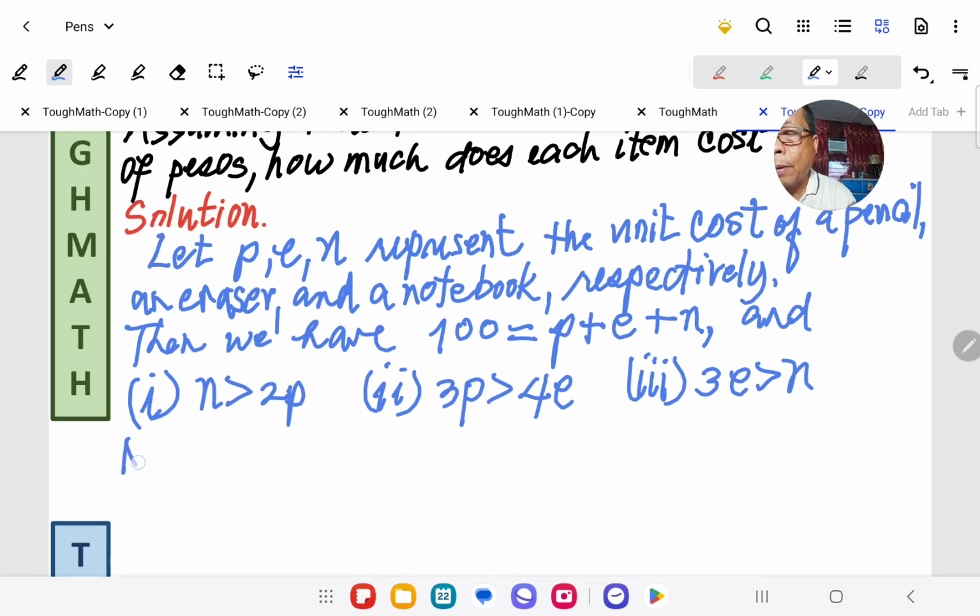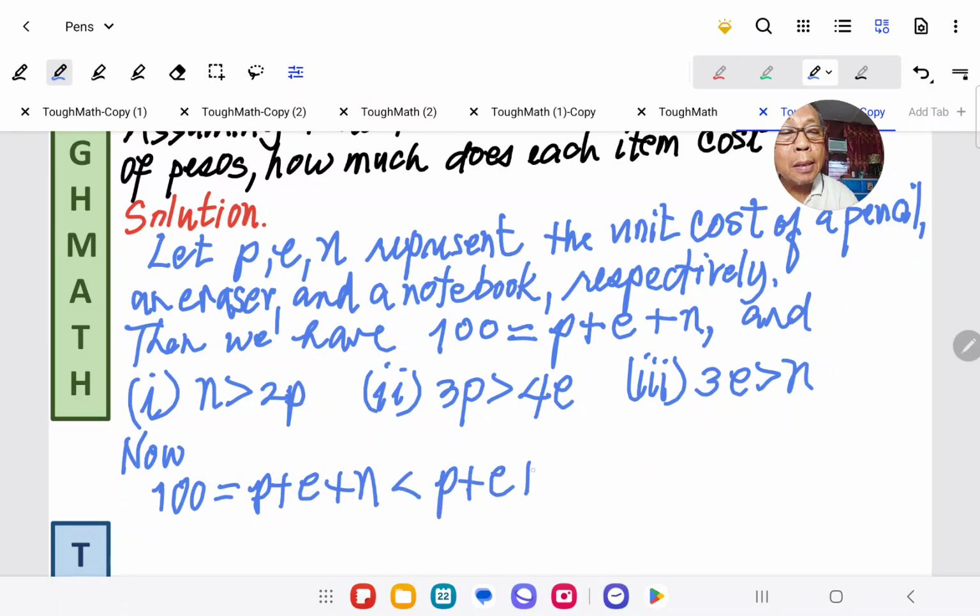So 100, which is equal to P plus E plus N, is less than P plus E plus 3E, because N is less than 3E, and this is equal to P plus 4E.